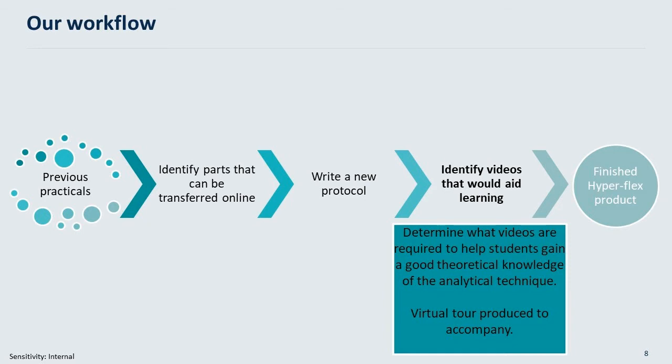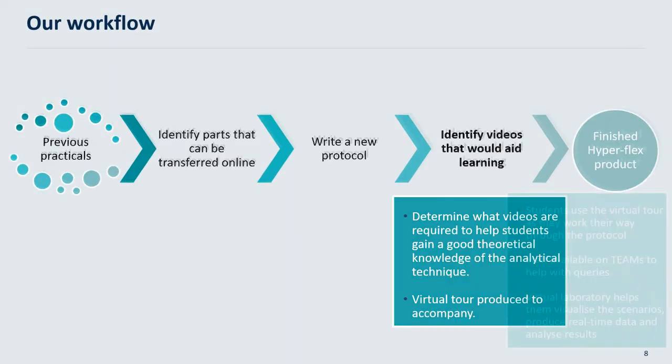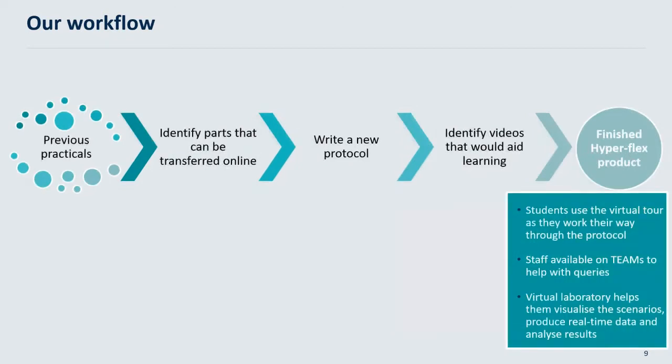So as part of our workflow, we had determined which one would suit the aspects of the practical, because obviously you don't want to be creating 360 imagery for the sake of creating 360 imagery, but also we need to make sure that we knew what media were going to be complementing those different media types.